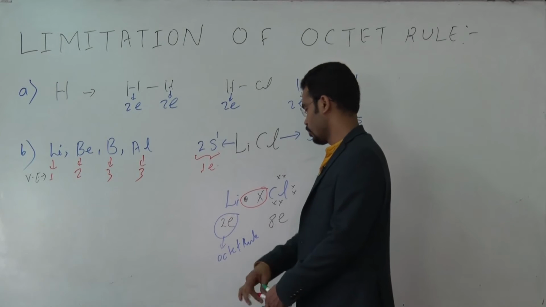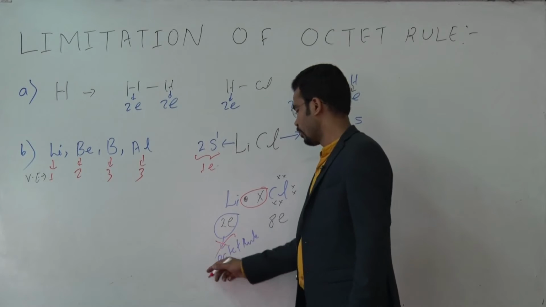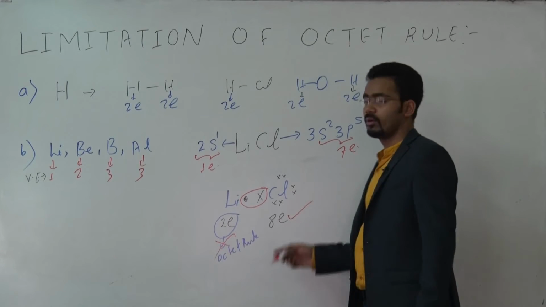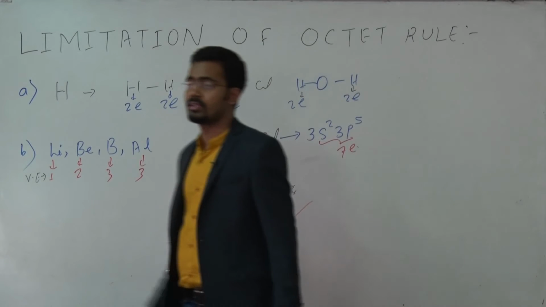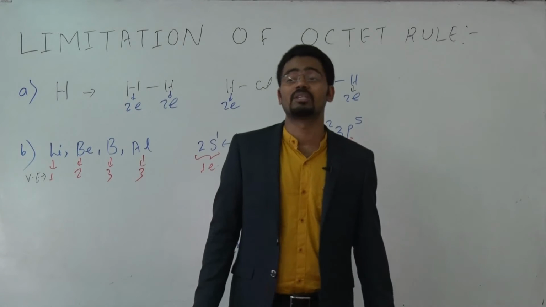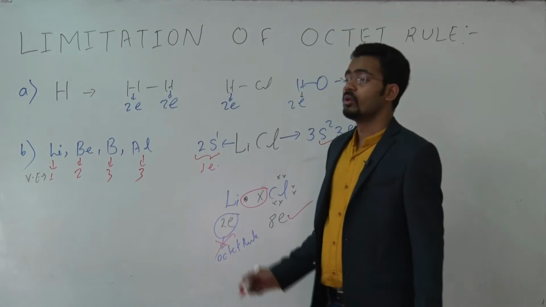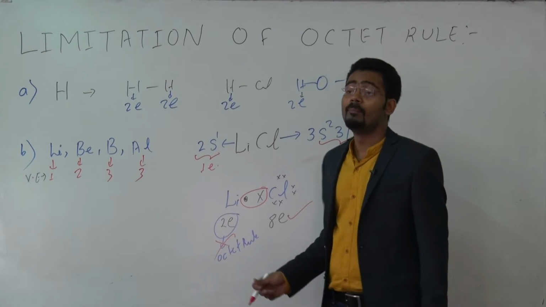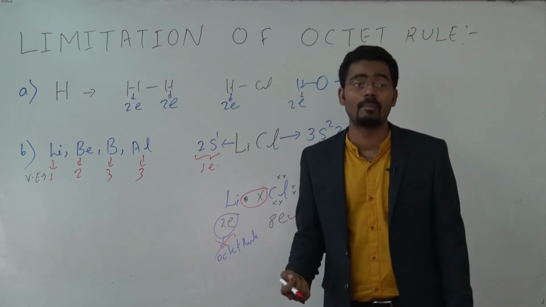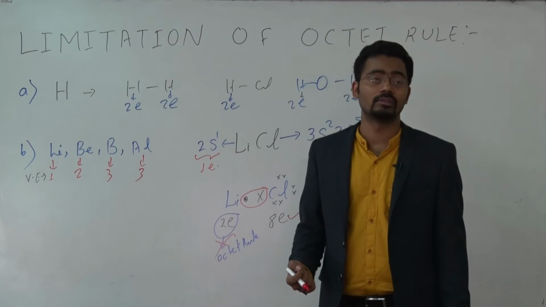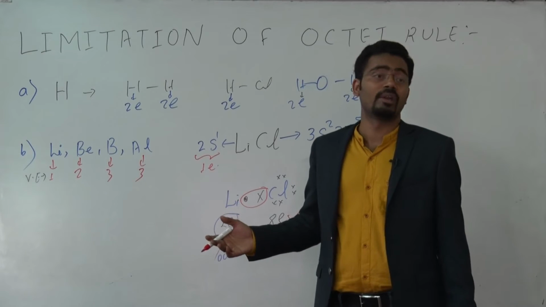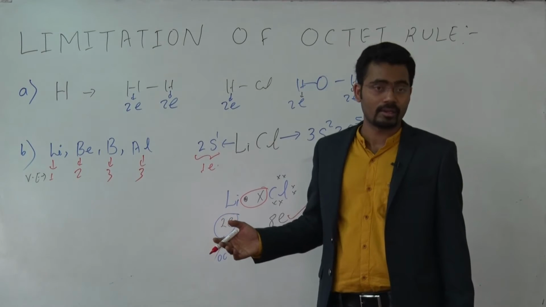Yes or no? Lithium does not obey the octet rule, while chlorine obeys the octet rule. Got it? Why does lithium not obey the octet rule? Because it has a small number of valence electrons. It is not possible to share 4 electrons to gain 8 electrons. Got it?